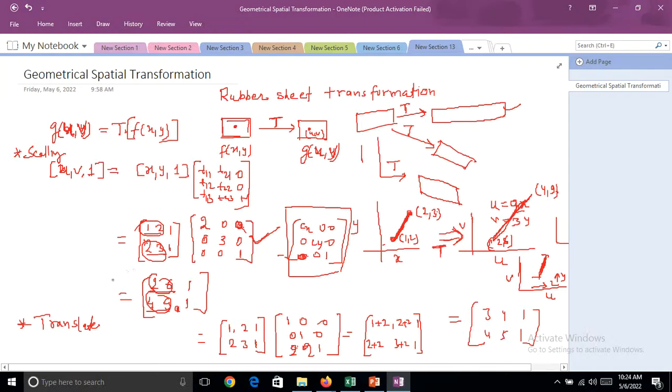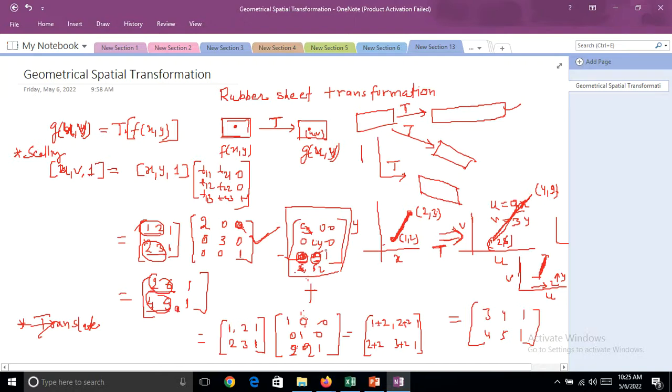Now if you add this operator plus this operator, these both, then it will become scaling as well as translation. Means along with scaling operator, if you put some values in third row in this two zeros, then it will do scaling by cx cy, and it will do scaling by s1 s2 by this value, translation by this value.